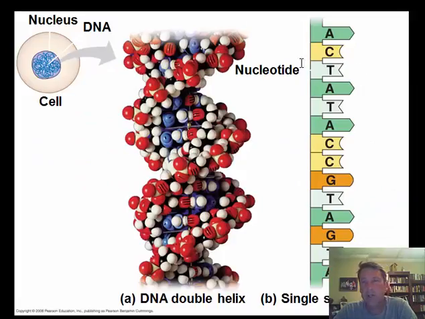And a nucleotide is made up of a base, a sugar, and a phosphate. And so what differs in these nucleotides is the base. There's 4 different types of bases, and this basically makes up our code, are these 4 different types of bases that are found on the nucleotides.